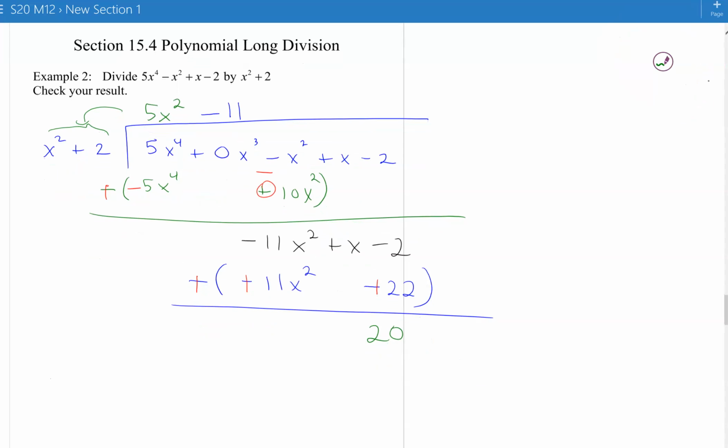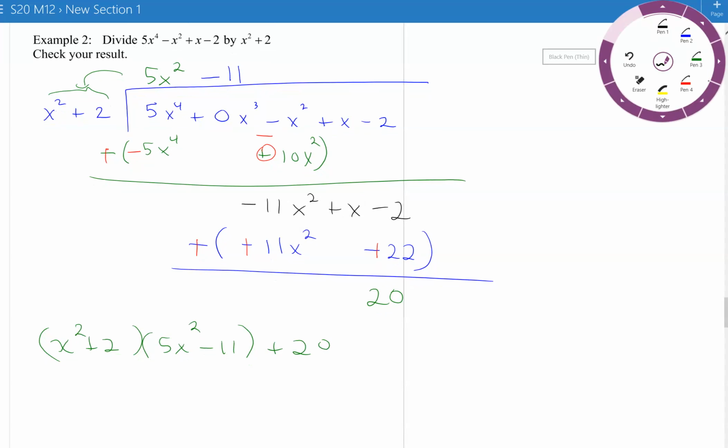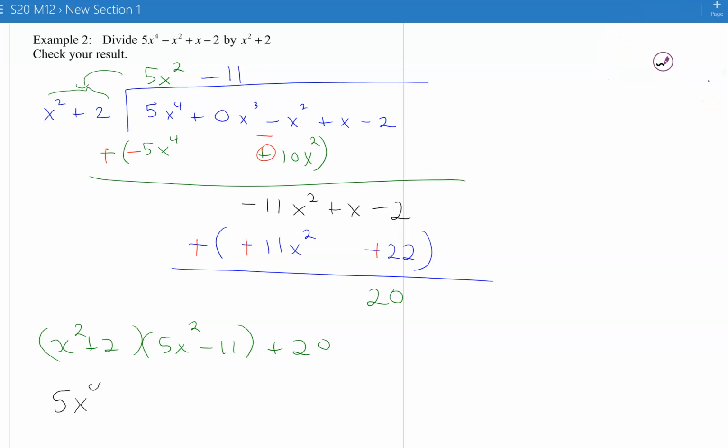So it should be true that x squared plus 2 times 5x squared minus 11 plus 20 equals what I started with. So we can FOIL this one since it's a binomial and a binomial. So we'll get 5x to the fourth minus 11x squared plus 10x squared minus 22 plus 20. So that looks like 5x to the fourth minus x squared.